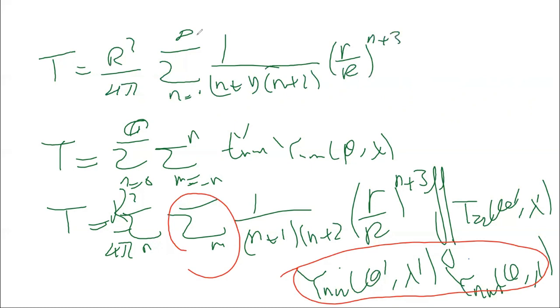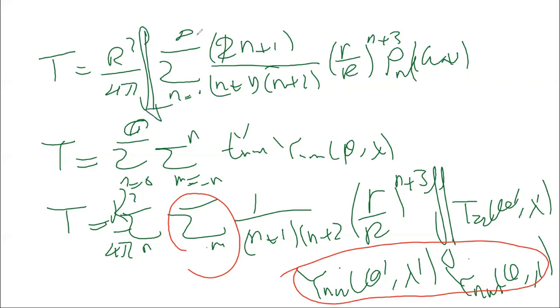And now, instead of this summation over m and this product of the spherical harmonics, I write 2n plus 1, P_n cosine psi. And this should be inside an integral, T_zz of theta and lambda. But T is here at the satellite level.